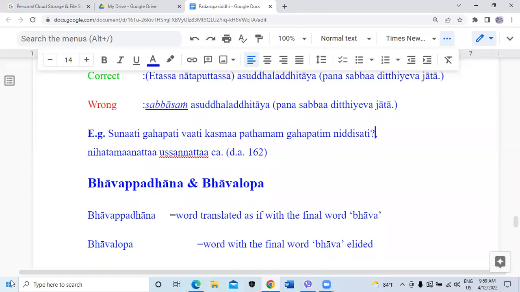Khattiya, warriors, Brahmins, Brahmana, and Hina Chacha Kula, they don't go forth first, comparatively.